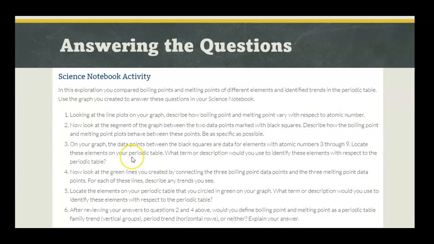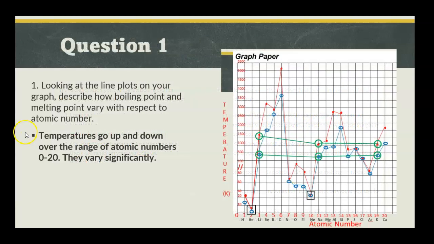All right, so now it gives you some questions to go through. And from there, you're able to look at the line plot and describe how the boiling and melting point vary with respect to the atomic number. So we're going to go through and answer those. Looking at question 1 to describe how they vary.